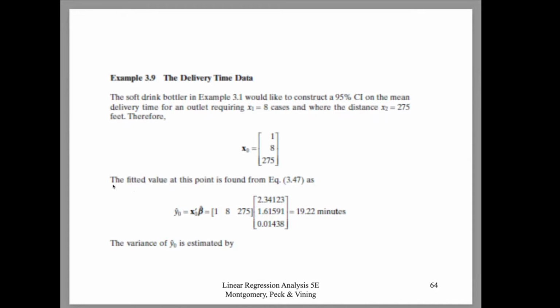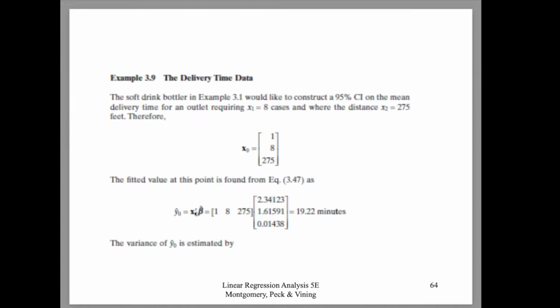All right, to find the fitted value at that particular point, we can evaluate the fitted model as we typically would, or, if we want to represent this using matrix notation, it would be the inner product of the x sub 0 vector and the parameter estimates vector.